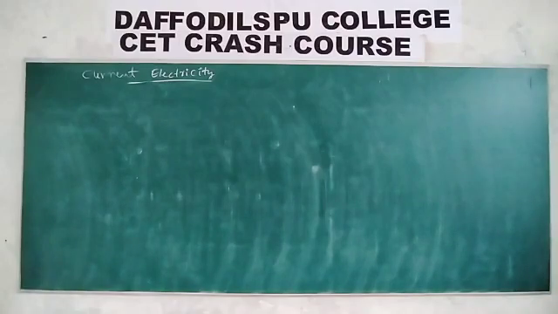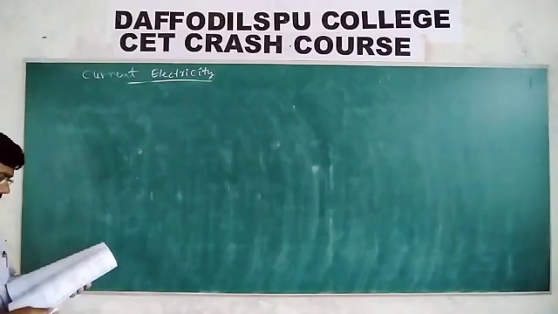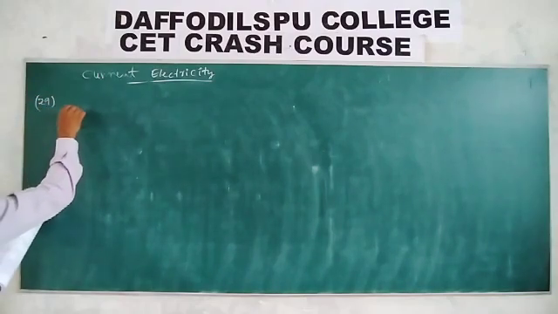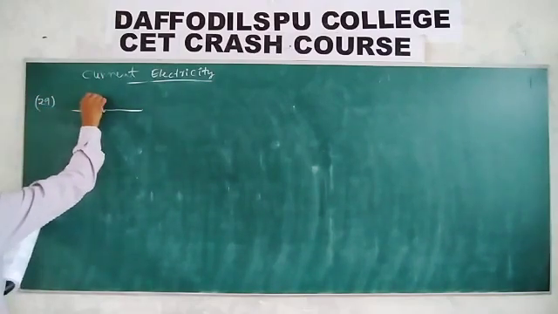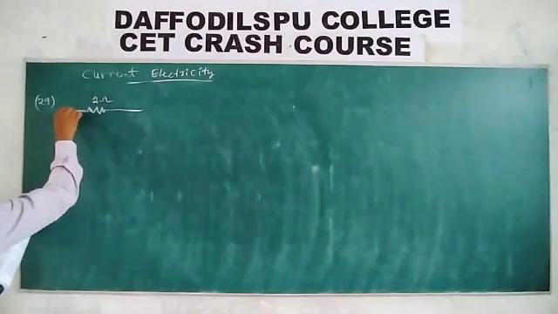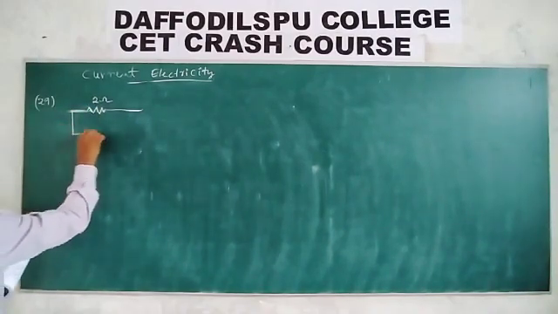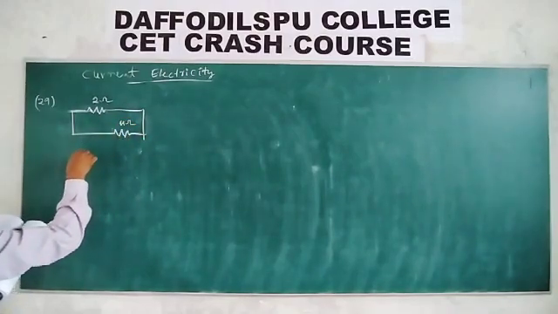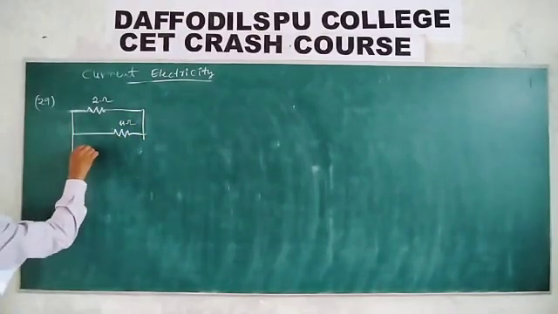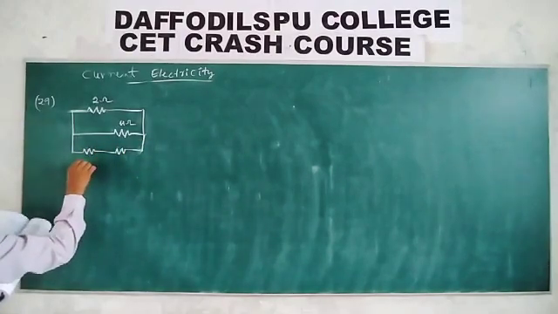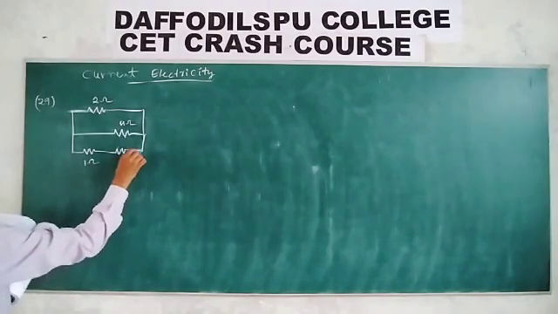That's the next one, the 29th one. We have a 2 ohm resistor, a 4 ohm resistor, a 1 ohm resistor and here a 5 ohm resistor.